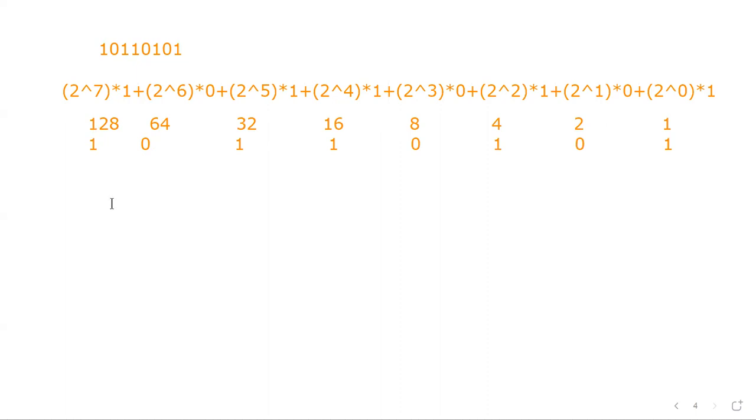So multiply this. 128 into 1, 128. Add 64 into 0, 0, 32 into 1, 32, plus 16, plus 4, plus 1.